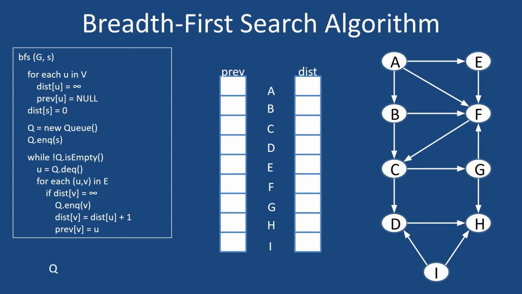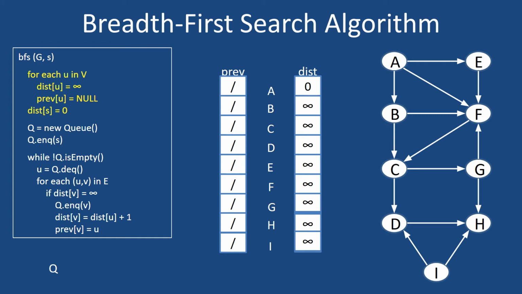We're going to store infinities all through the distance array, and nulls all through the previous array. So we execute that code, and this is what happens. Now, we also set distance of s, which is the start vertex, a parameter you can see, to 0. So that's our starting situation. We know that the distance of A to itself is 0, and then we don't know anything else.